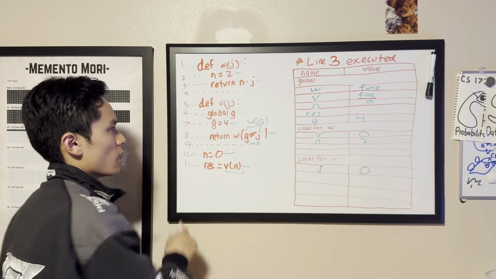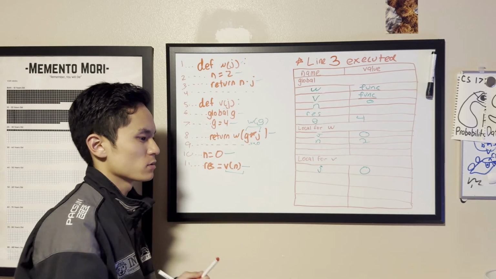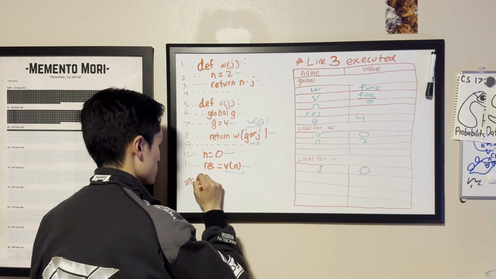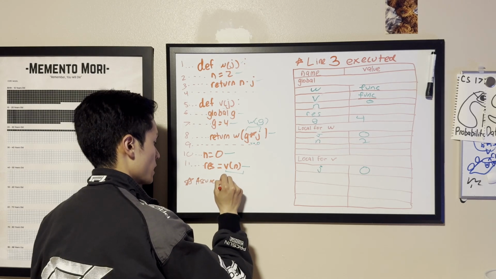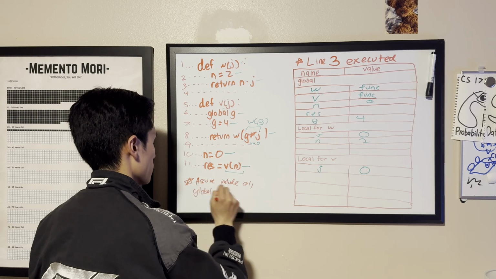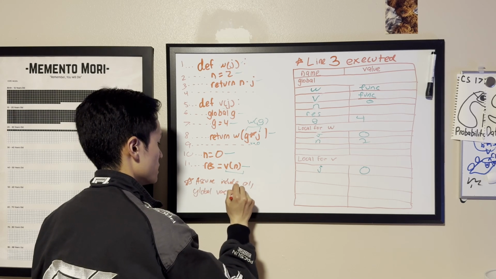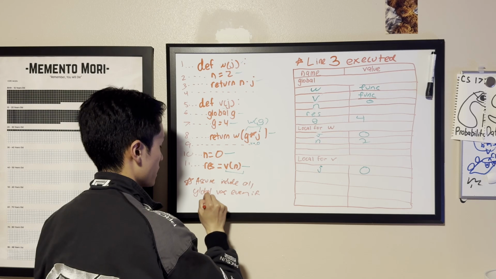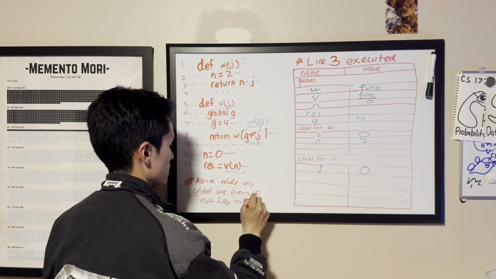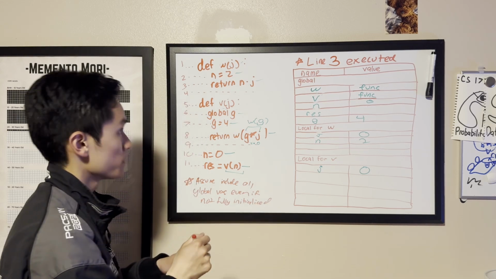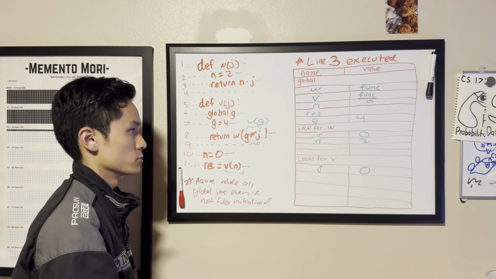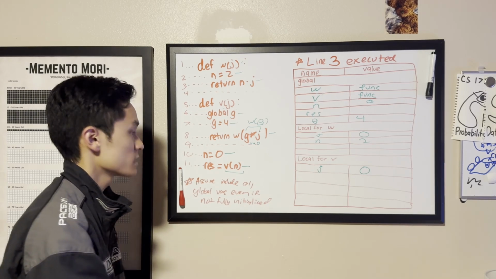Honestly, if you want to be safe, because I know the video quiz might differ and answers might differ, you can say: assume include all global vars even if not fully initialized. But because we have the constraint at line 3, we're going to stop there. Res actually doesn't really have a value, it's just still waiting. So yeah, that's the code, guys.